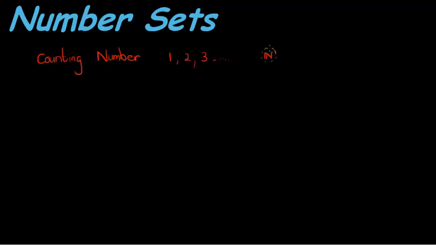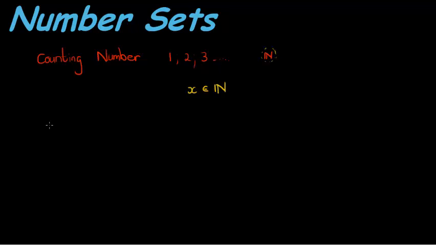Well, that's just a shorthand to show that we are using a collection of numbers that start from 1 and they're whole numbers. So, for example, if I tell you in maths that I have a number from the counting number set, one way of writing it is like this: some number x is in, or an element of, the set N. This means that x can be any number in the collection of counting numbers.